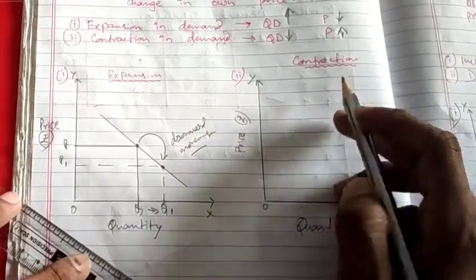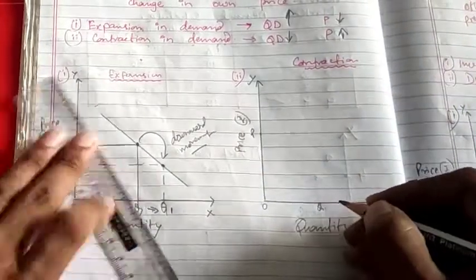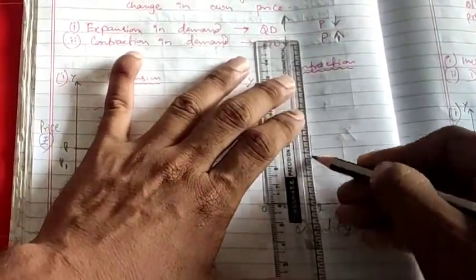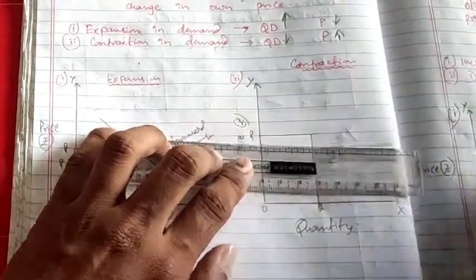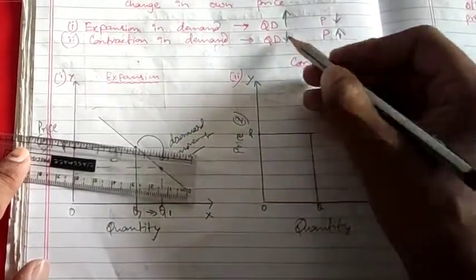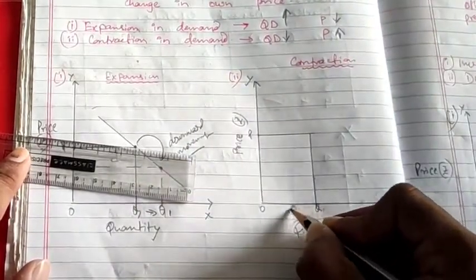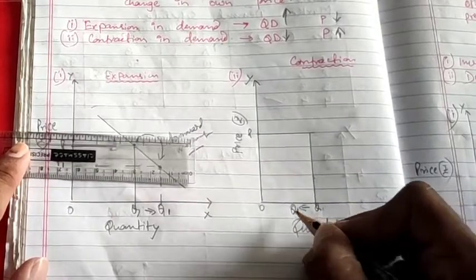Now next one, contraction. So what is contraction here? Again we'll make price and quantity axes. So you can see price and quantity. Now contraction means decrease in quantity demanded. So it is a decrease. When we decrease quantity we go leftward.